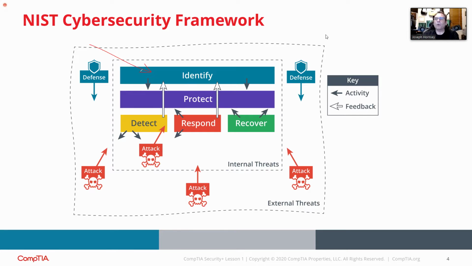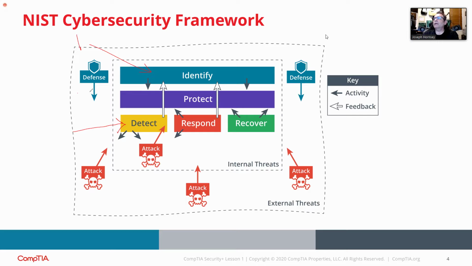I will put the IPS in place. I will put the firewalls in place. I will write the policies and procedures, although those are probably more on the identify side, but either way, protecting is where we're actually getting to the meat of everything, getting things in place to protect the network against those vulnerabilities and threats that we've identified. The detect function is next. So we have identify, we have protect, and then we have detect.